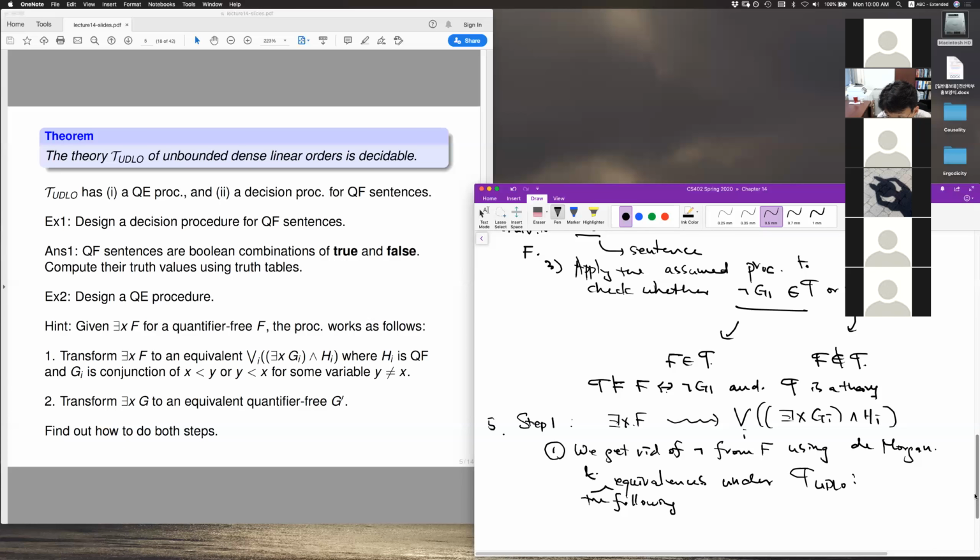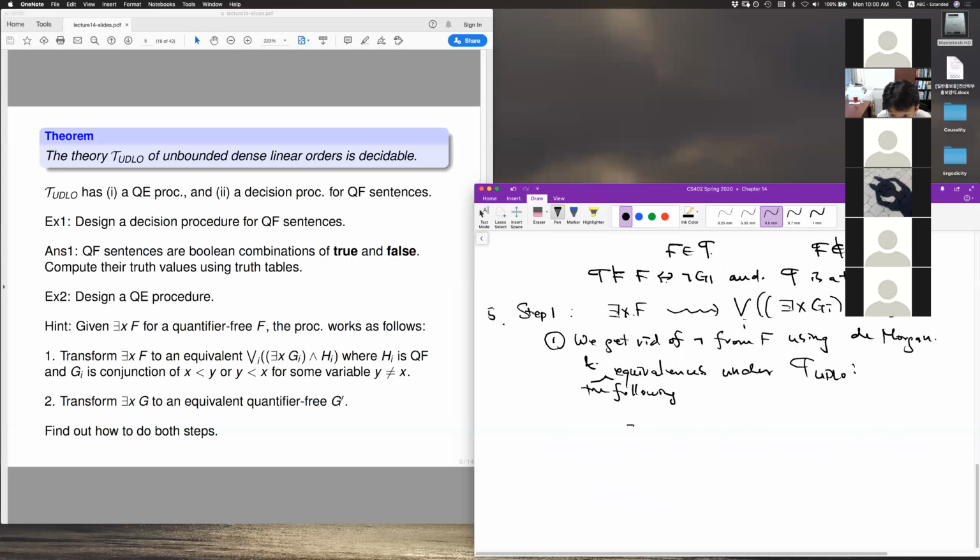What are the equivalences? If we have a negation of x less than y, or say, not y less than z, under T it's equivalent to saying y is equal to z or y is greater than z.